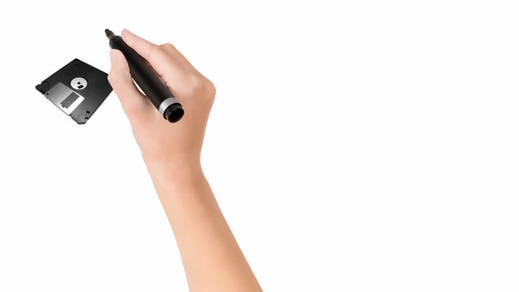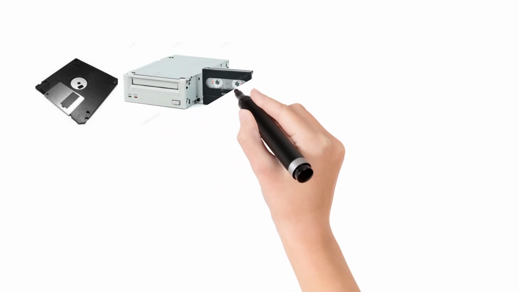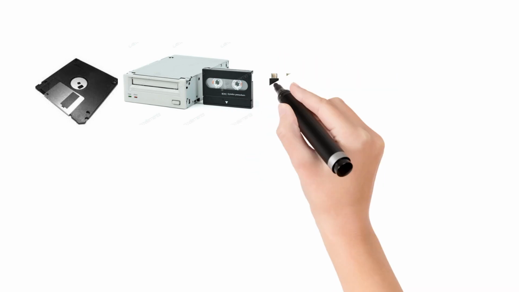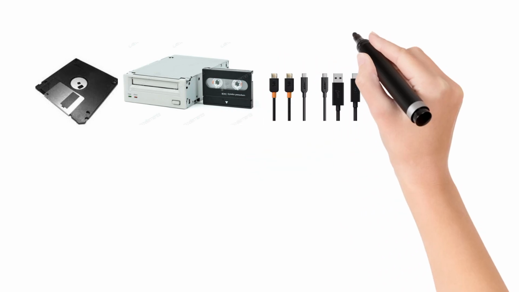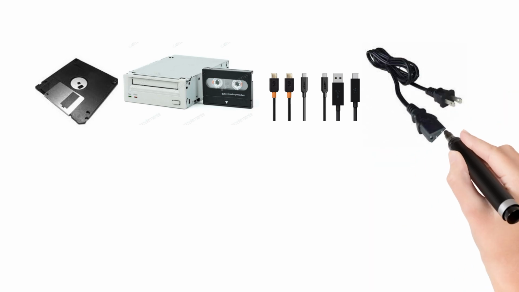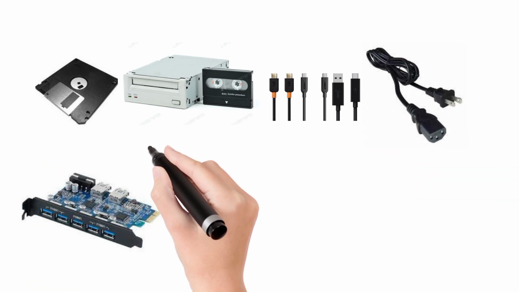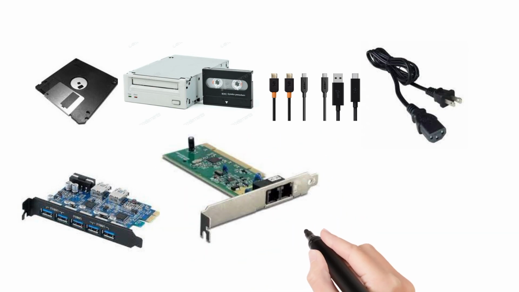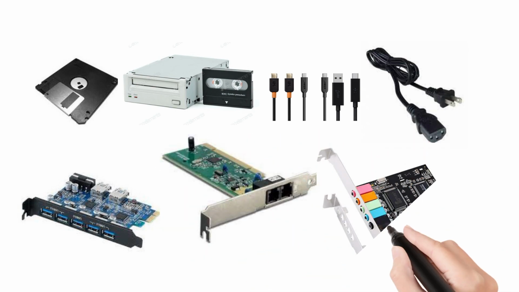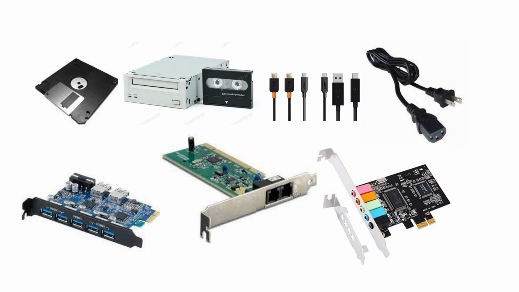They used to be used way back in the early development of computers. Tape drive, data cables, power cables, expansion cards, internal modems, or sound cards, just to mention a few.